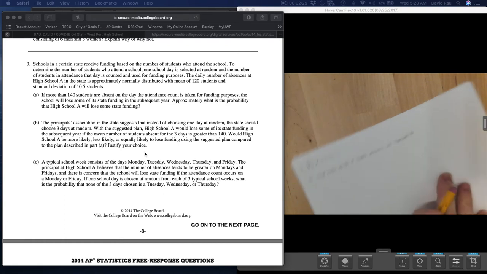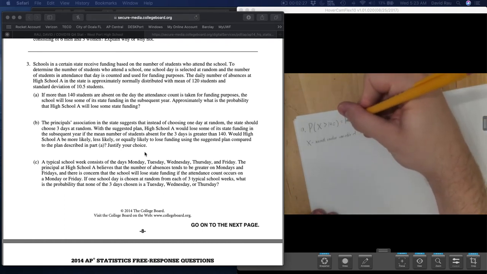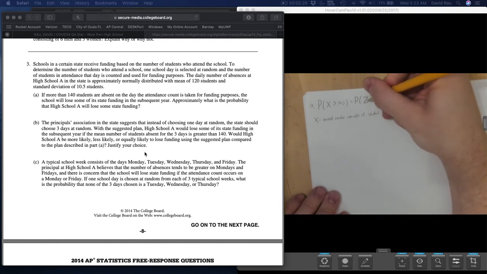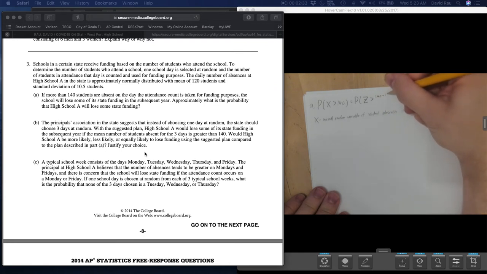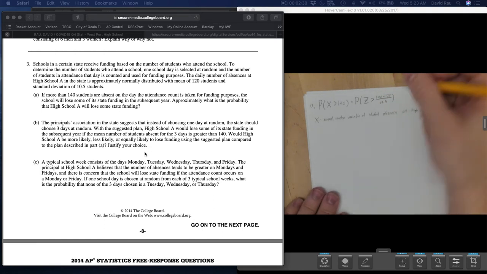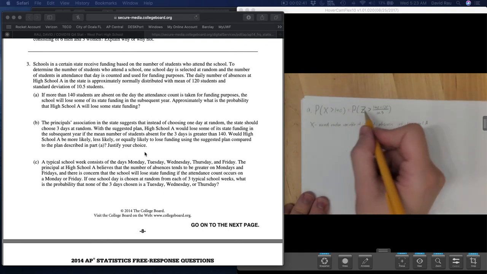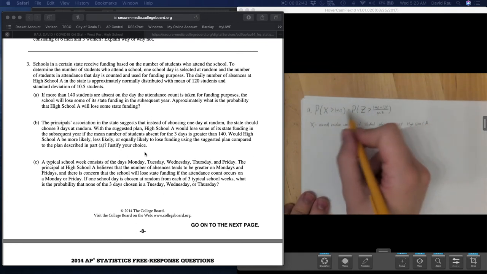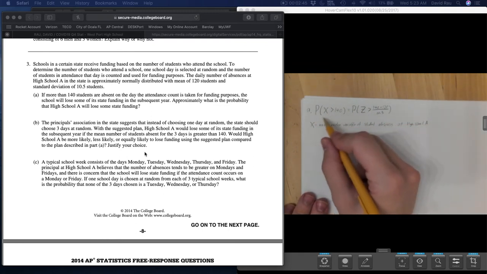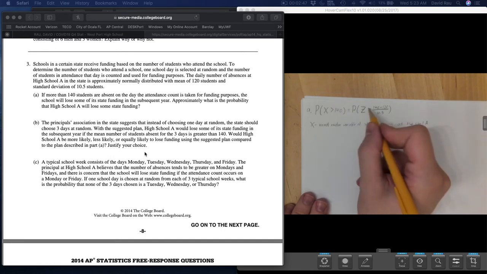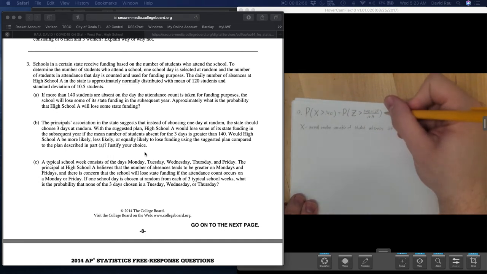So this is equal to the probability that Z, the Z-score, is greater than 140 minus the predicted 120 over the standard deviation, 10.5. So in other words, you're changing this from an exact problem to a Z problem. That's really what a Z-score is. It's taking any random number and turning it into a Z-score probability instead.